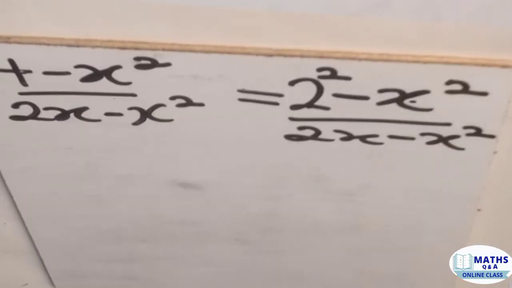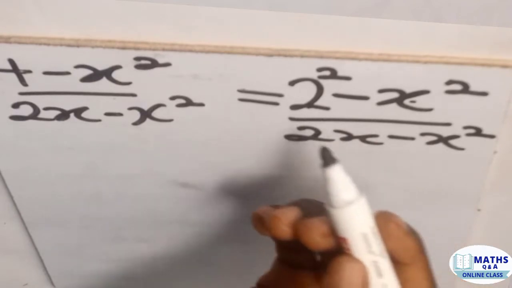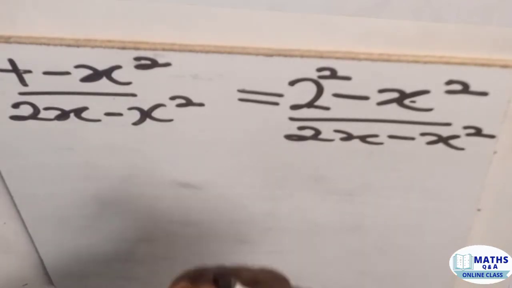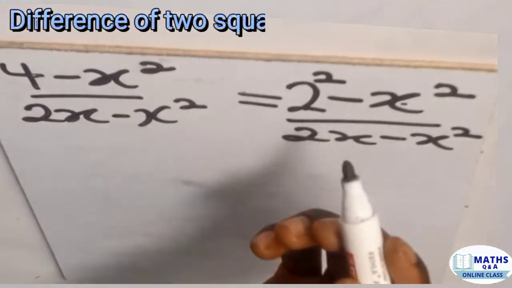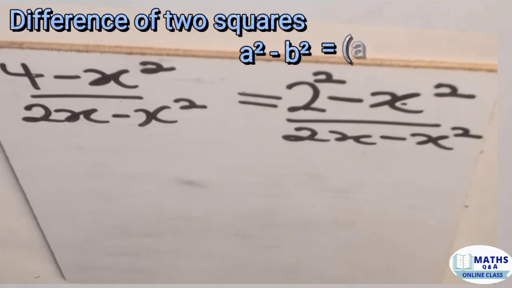In mathematics, whenever we have two squares and we have to find the difference of those two squares, we have a simple formula that we use. The formula for difference of two squares says that whenever you have square numbers, for instance, a squared minus b squared, you factorize it as (a minus b) multiplying (a plus b).